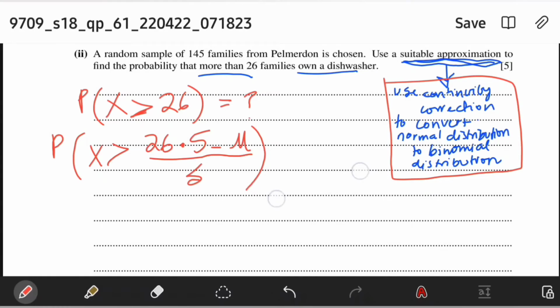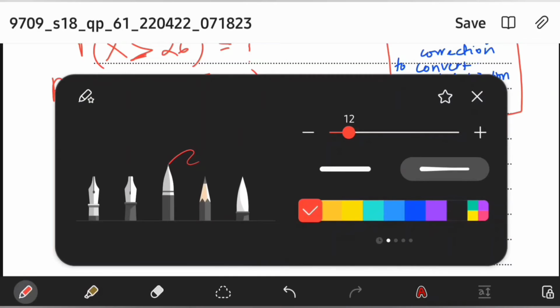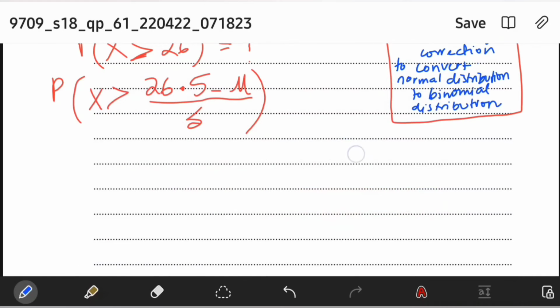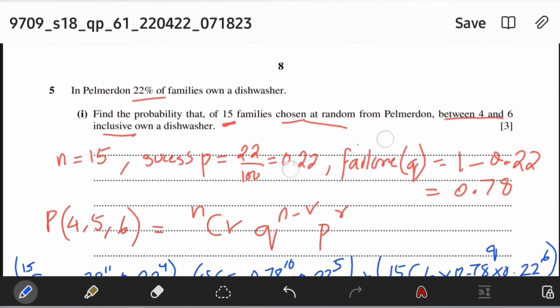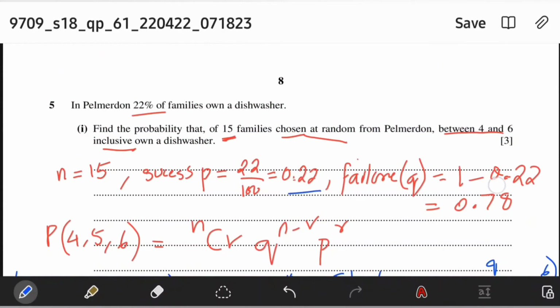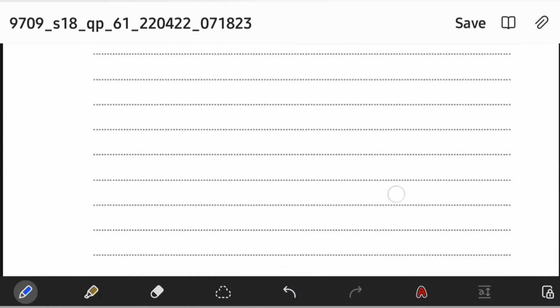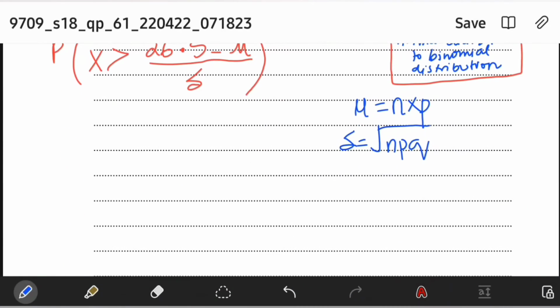Now what about mean and standard deviation? We have formulas for mean and standard deviation: mean is n into p, and for standard deviation there is a formula of under root npq. So we have n, which is 145, we have p and q as these, so we can easily find out the mean and standard deviation.